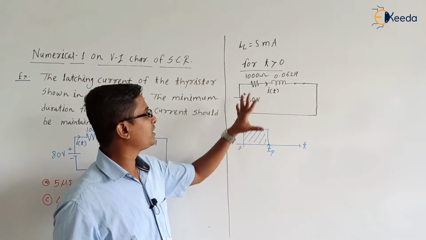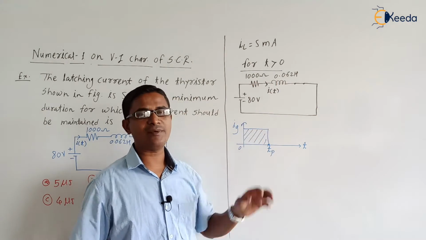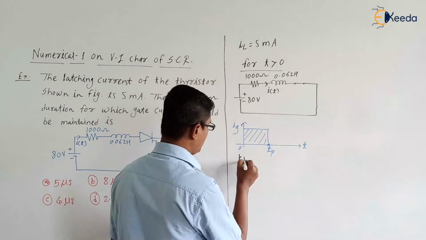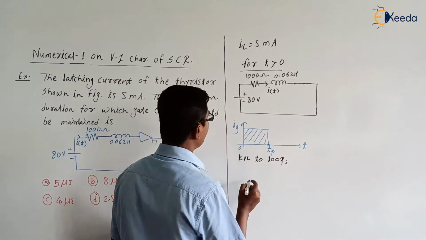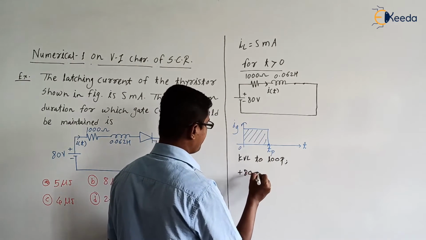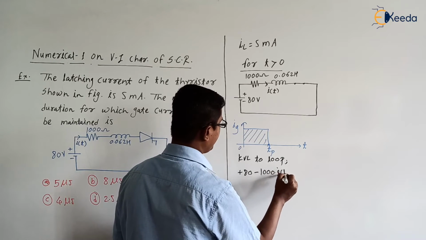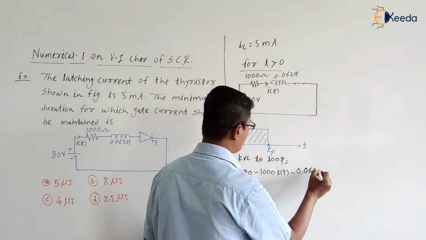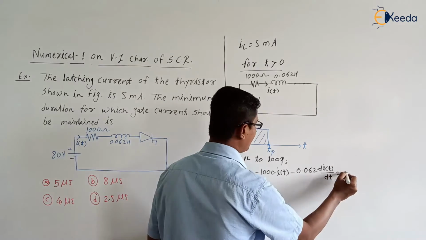Now for t greater than 0, the SCR is in the on state. So can we apply KVL to the loop? Yes, we can write plus 80 minus 1000 into i(t) minus L into di/dt, that is 0.062 into di(t)/dt, is equal to 0.